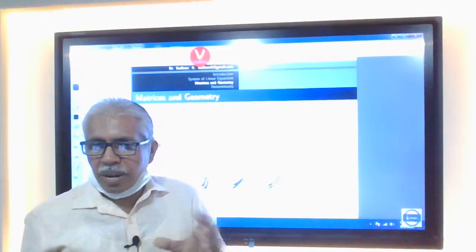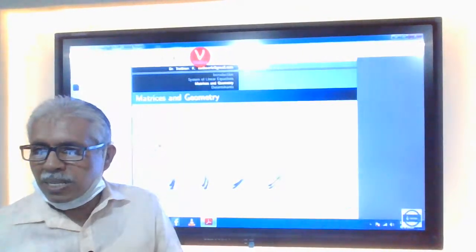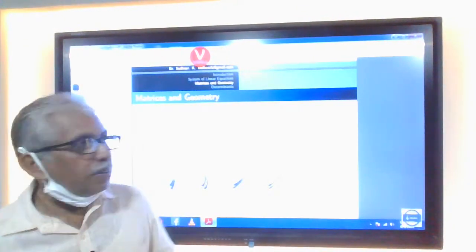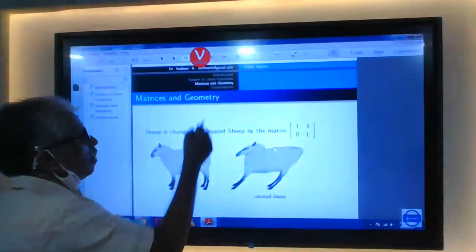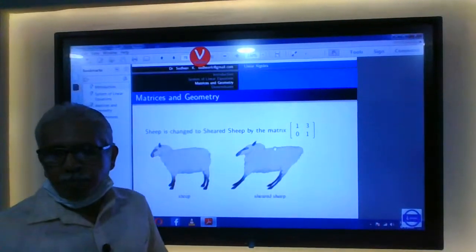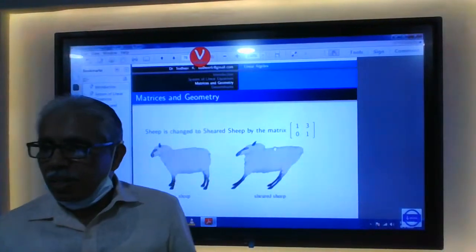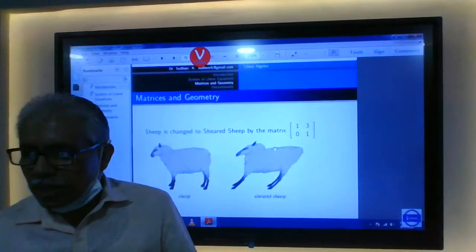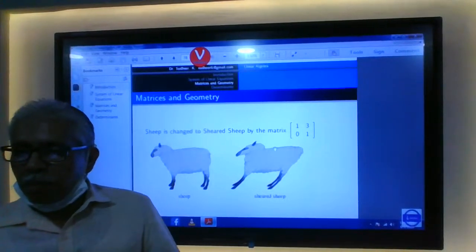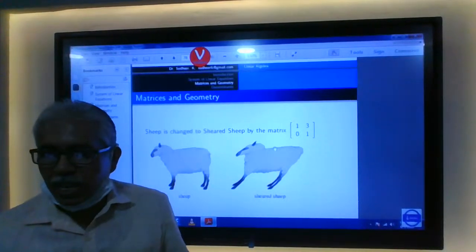Which type of matrices can make a left shearing? Upper triangular matrices with a negative determinant can make left shearing.